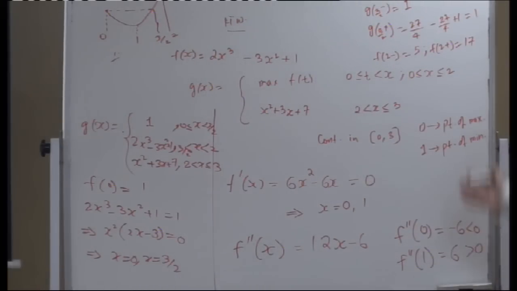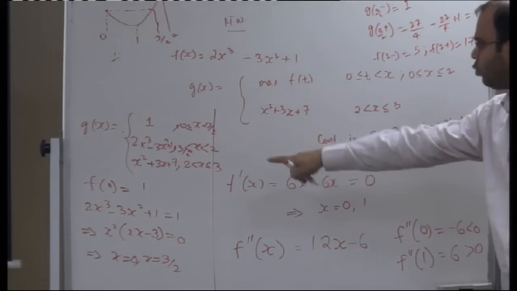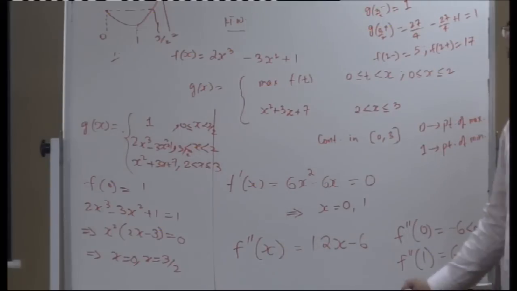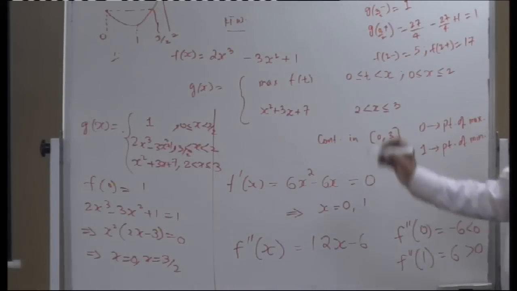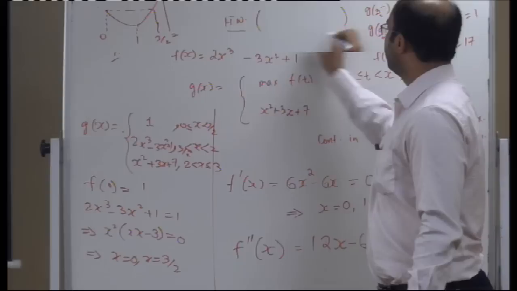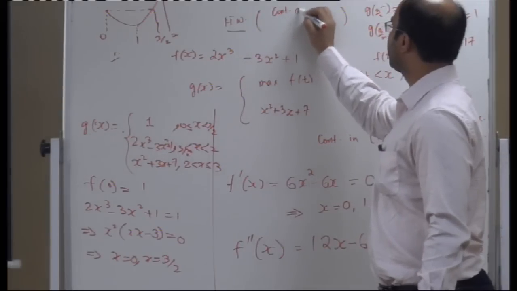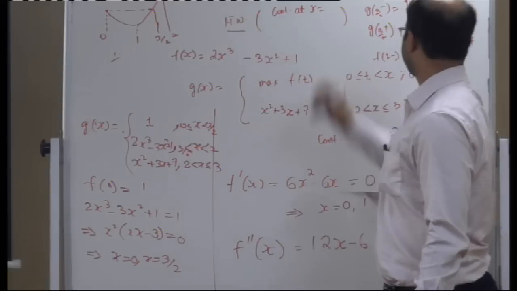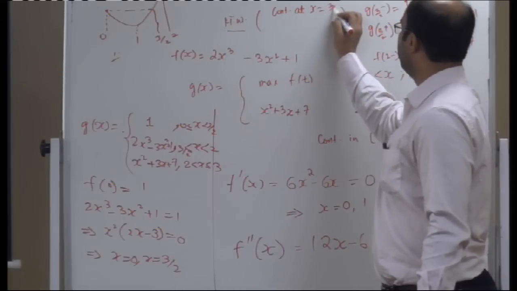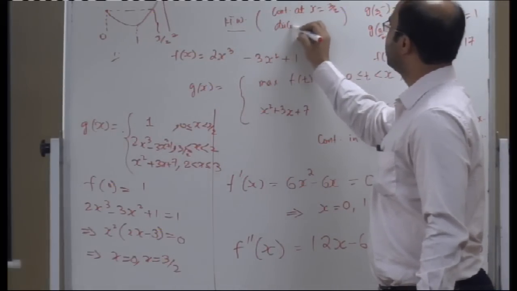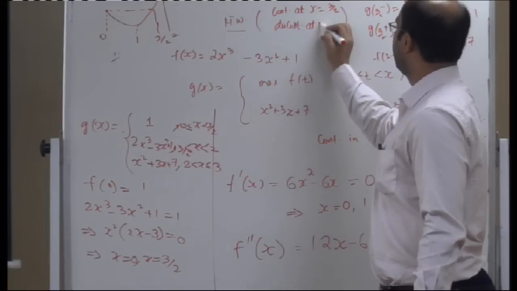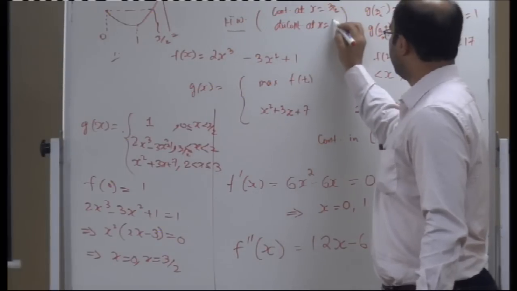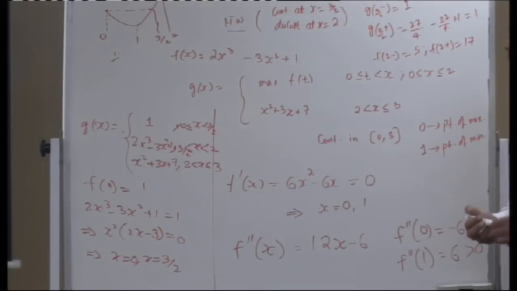So you know f(2 minus) is not equal to f(2 plus). In that case, it is discontinuous at x equal to 2, but it is continuous at x equal to 3/2. So this was the answer of this homework question: continuous at x equal to 3/2 and discontinuous at x equal to 2. I hope this is clear to everyone.